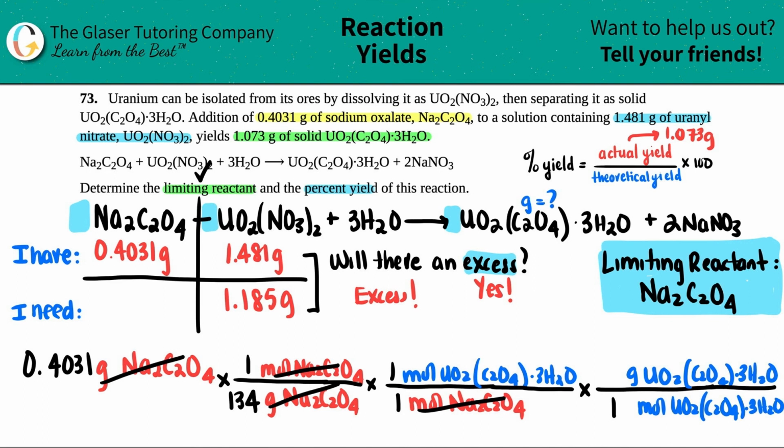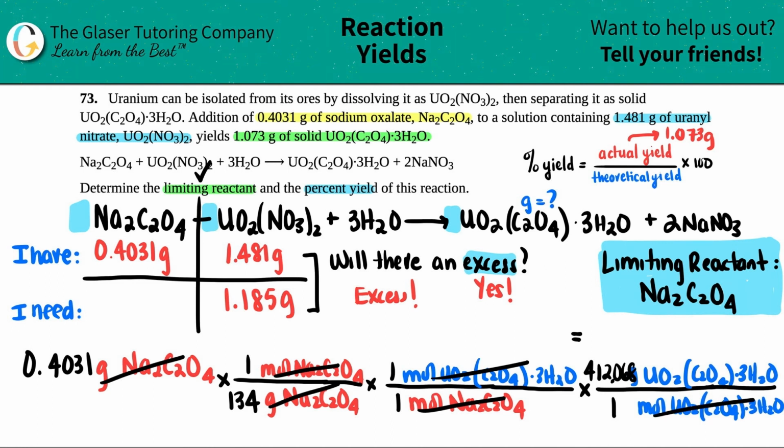Then we have 2 carbons coming up, so plus 2 times 12. Then we have 4 oxygens, so 4 times 16. Then we have to do the H2O component. So I have 6 hydrogens. And then we have 3 additional oxygens. Okay, so I get roughly 412.068. Cancel the unit moles, and now we have our theoretical yield.